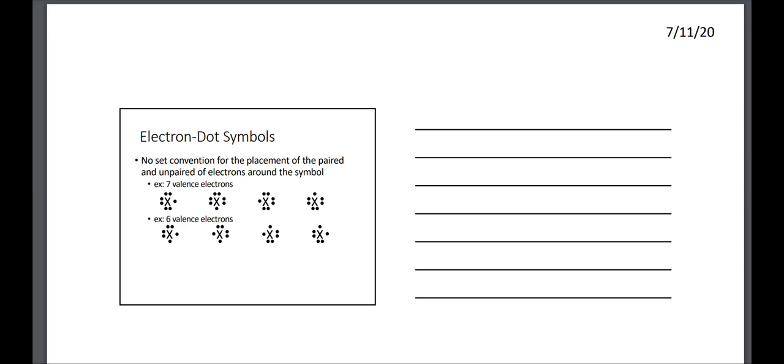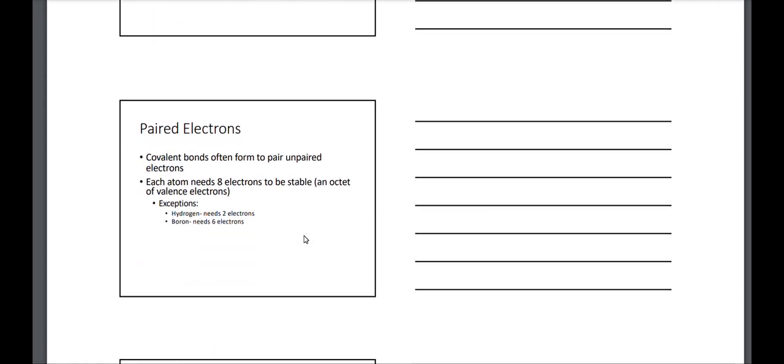If you look at something like fluorine or chlorine with 7 valence electrons, you can write it either way. You can have the single unpaired electron below, or on the right side, or on the left. It doesn't really matter, as long as you follow the rule of putting single electrons first and then you pair later. Same thing with 6 valence electrons.